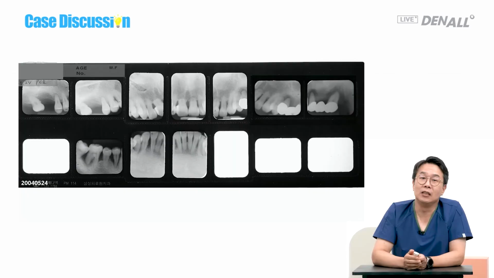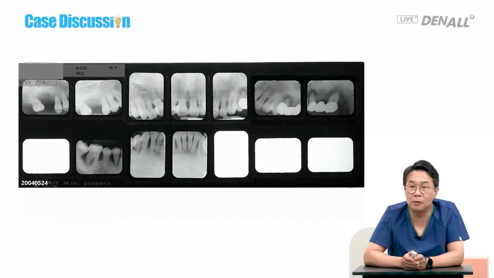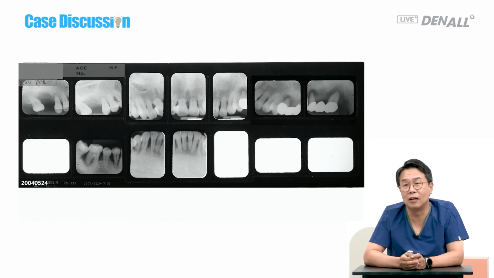The patient came to our hospital in 2004. Some of the x-rays are missing. When the patient came for the first time, quadrant 2 was not very good, and number 10, 11, and 21 had a lot of resorption due to ortho treatment.